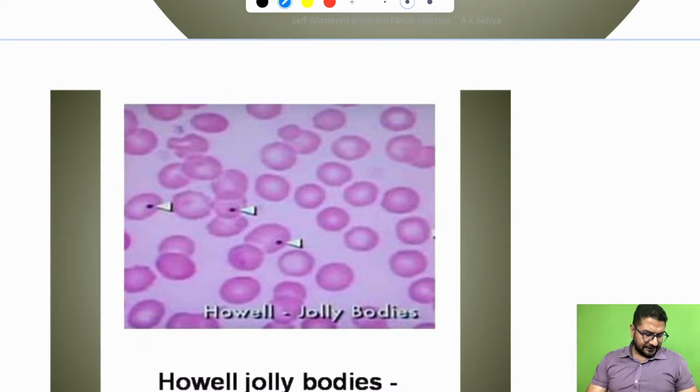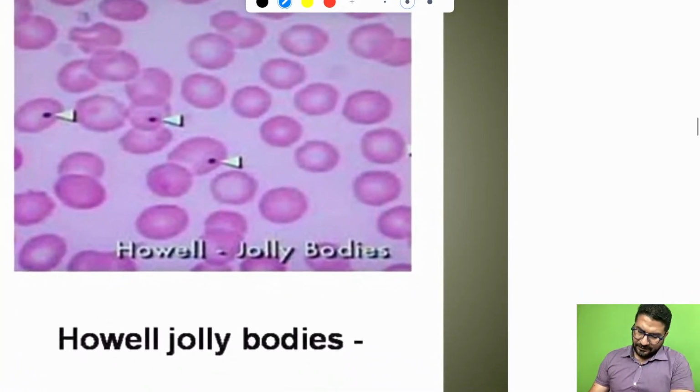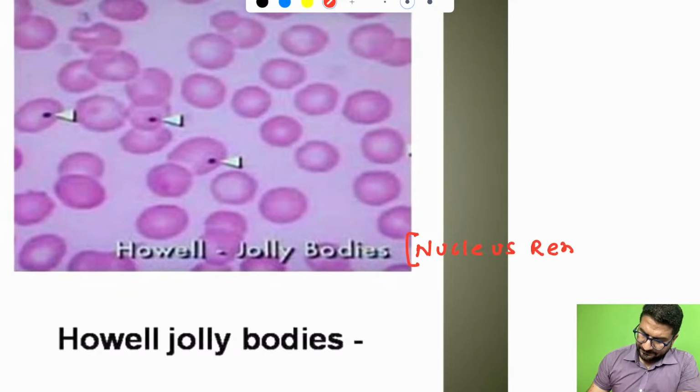Howell Jolly bodies. So what are Howell Jolly bodies? You can see inside this a blue colored thing. This is called a nucleus remnant. So a Howell Jolly body is nothing but a nucleus remnant.